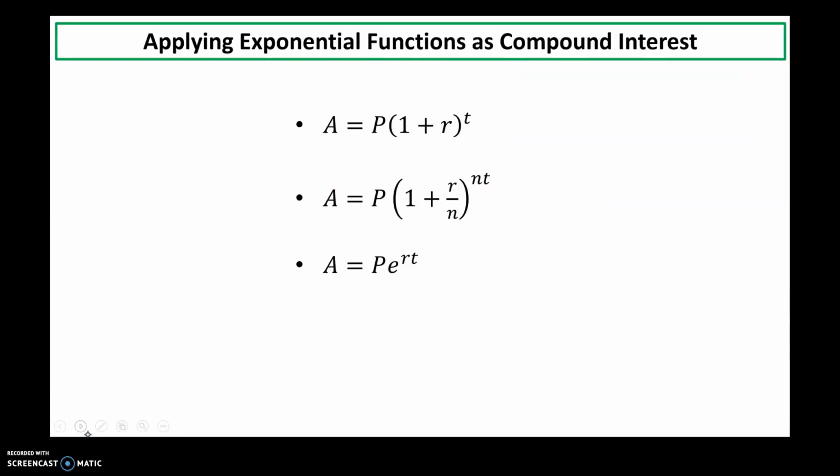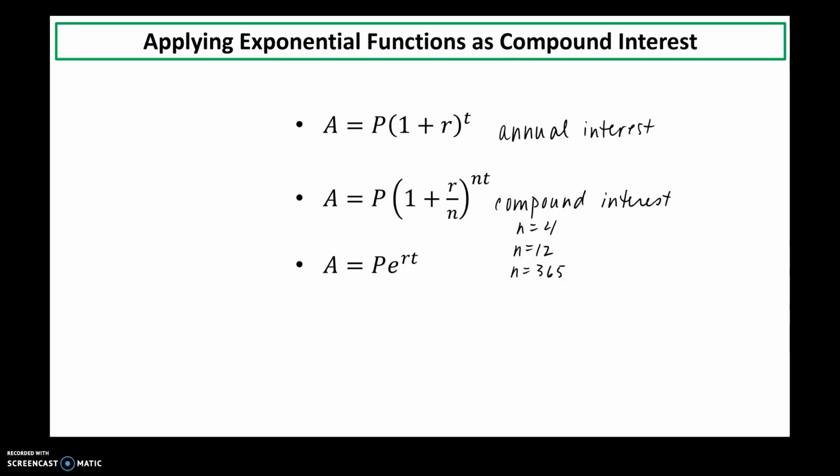Okay, so applying these in interest functions, these would be annual interest. This is compound interest, and these are what we studied. n is equal to 4 for quarterly, 12 for monthly, 365 for daily.